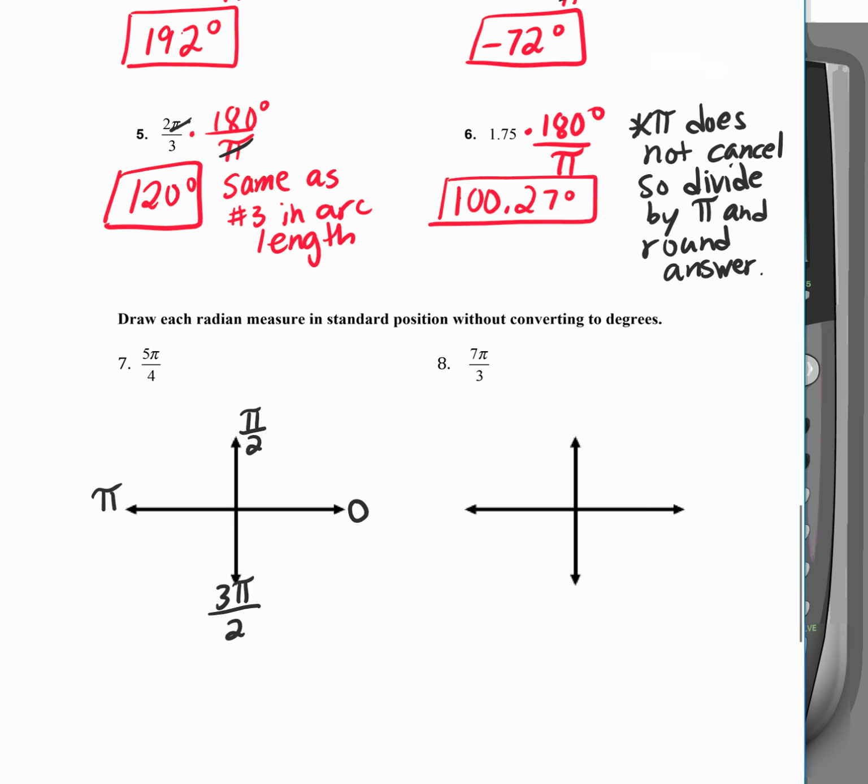It's good to get used to these values and familiarize yourself with them. Do the same thing with this one. And working with radians is just a good practice in working with fractions. So the best thing to do is label your quadrantal angles and get a common denominator.